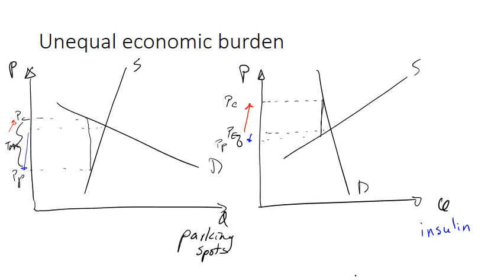Moral of the story, whoever has the steeper curve, they're the more insensitive, and they're the ones who are going to get stuck with the majority of a tax. If one of the curves is perfectly vertical, they're going to get stuck with all of the tax, period. It's pretty unusual. These are more normal circumstances.